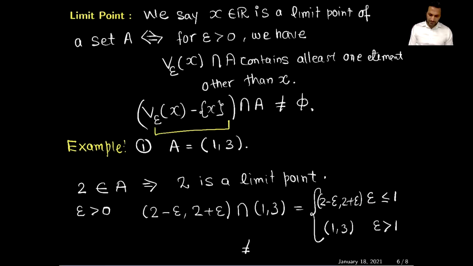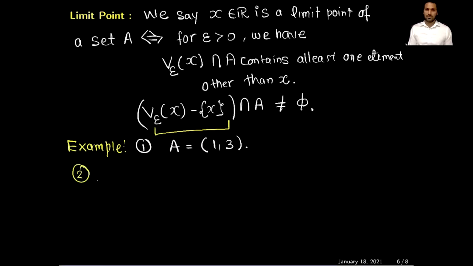Therefore, this intersection is non-empty, and it contains at least one element different from 2. So 2 is a limit point. On a similar idea, you can also prove that every element of this set is a limit point.